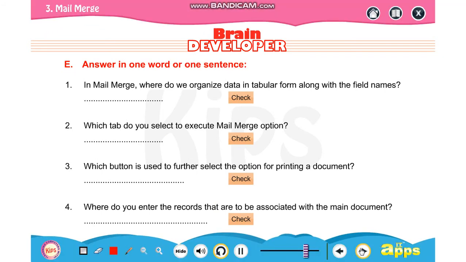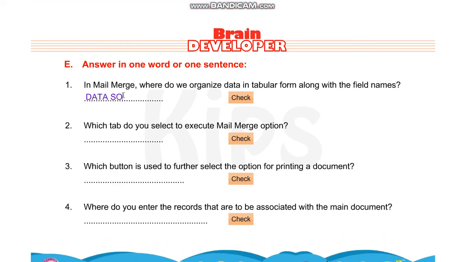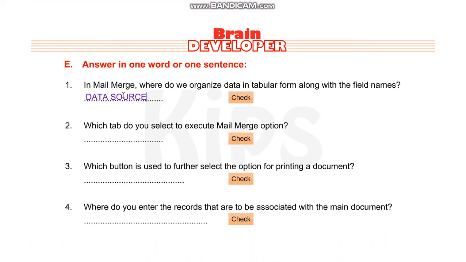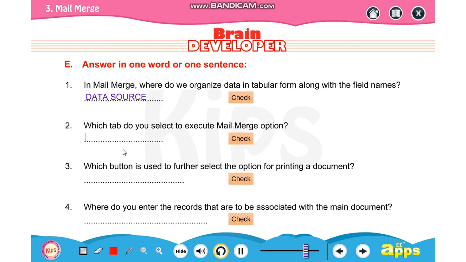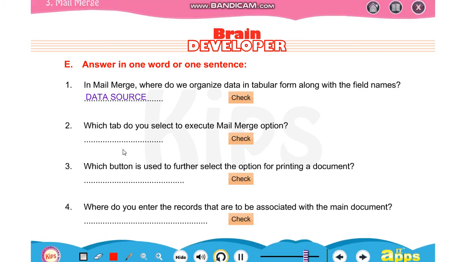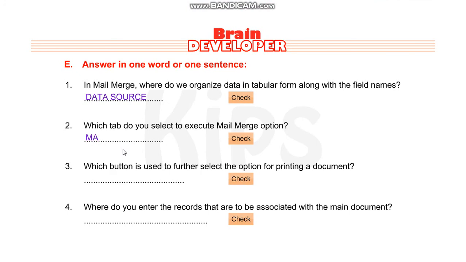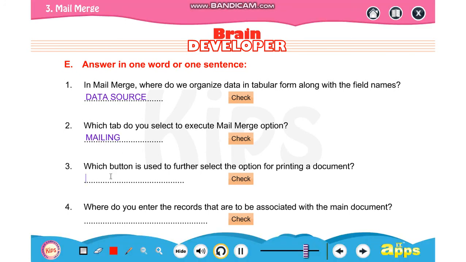Answer in one word or one sentence. In mail merge, where do we organize data in a tabular form along with field names? Data source. Which tab do we select to execute mail merge option? Mailing tab.